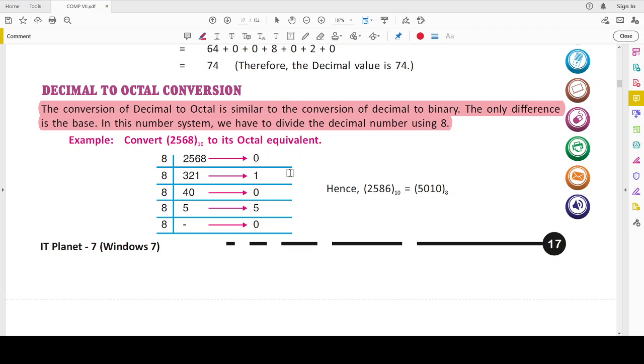The remainders will be, after you divide 2568 by 8, the quotient is 321 and the remainder is 0.